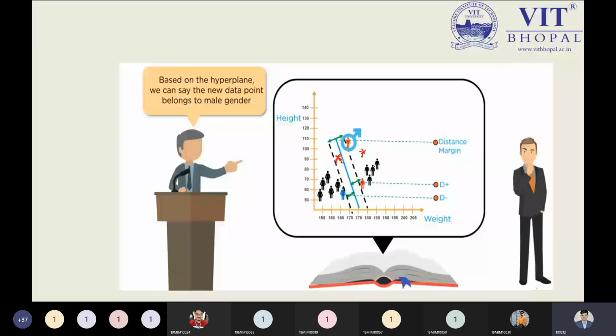We can easily determine that this data belongs to the male category. So our objective in the support vector machine under supervised learning is to decide the best hyperplane, and based on this hyperplane, we can say the new data is the male gender.